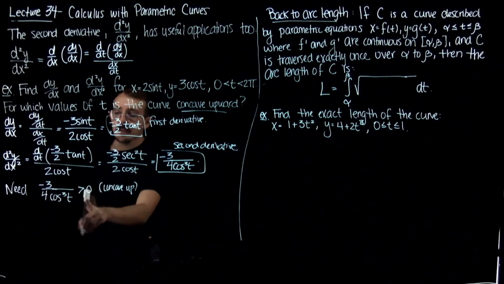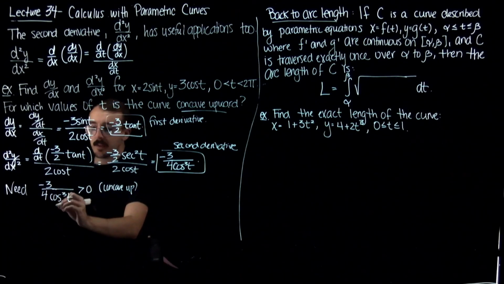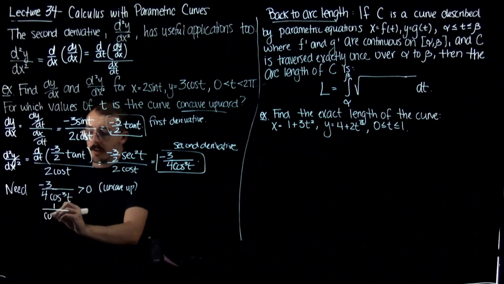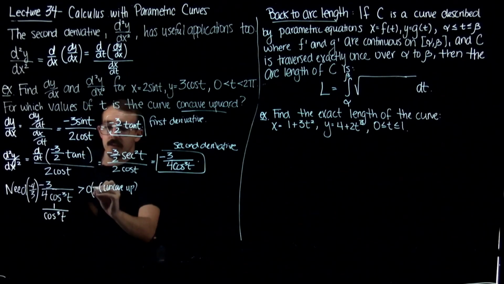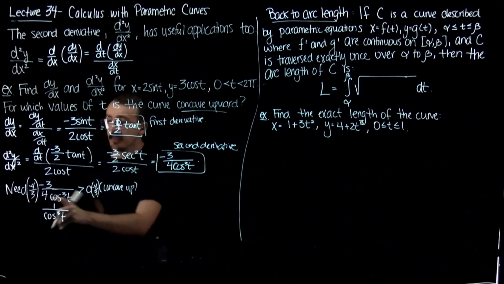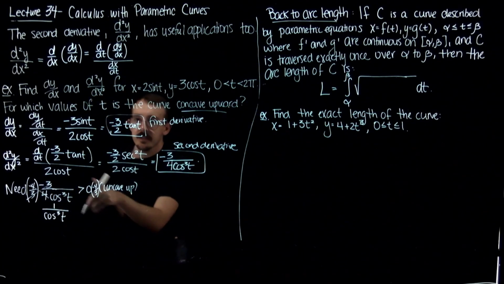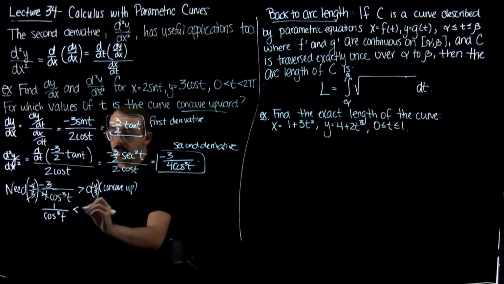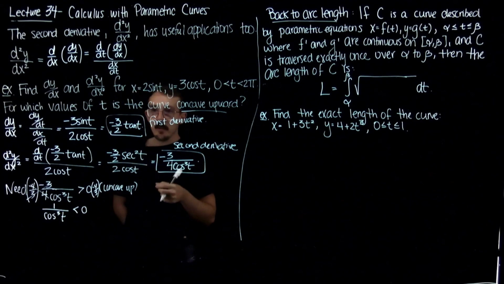I'm going to multiply both sides by negative 4/3, and you get 1 over cosine cubed t. What does that do to the inequality? If I multiply both sides by a negative, it flips the inequality. So now I have 1 over cosine cubed t is less than 0.